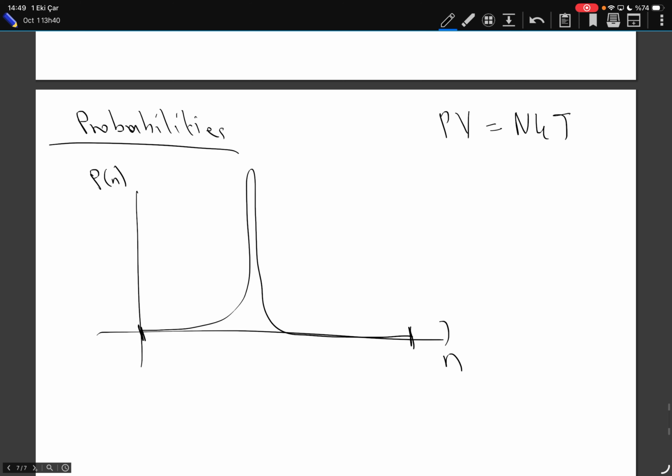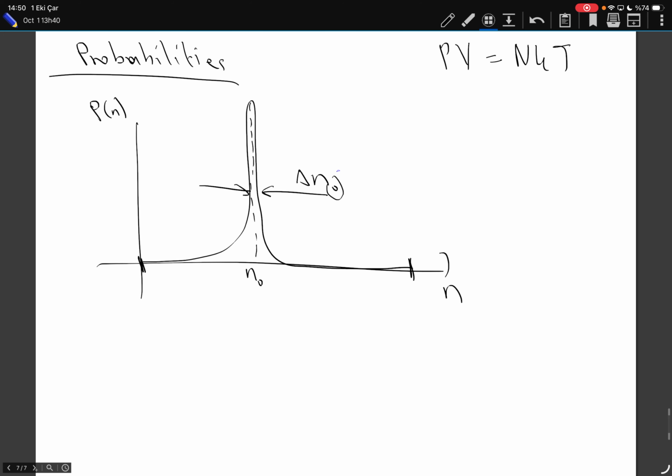But for all practical purposes, when you go and look at the value of n, you will see this number n0. There will be some fluctuations around n0. And we will see that this delta n over n0, where n0 is the average value or the most probable value, whichever one you want, and delta n is the fluctuation, will turn out to be of the order of 1 over square root of n, or 10 to the power minus 11.